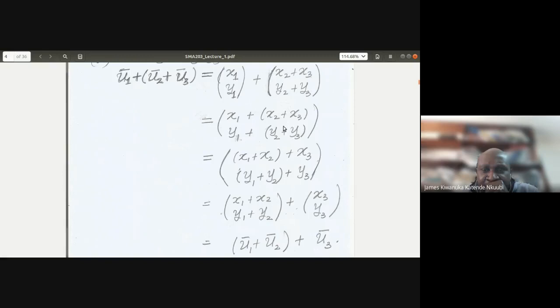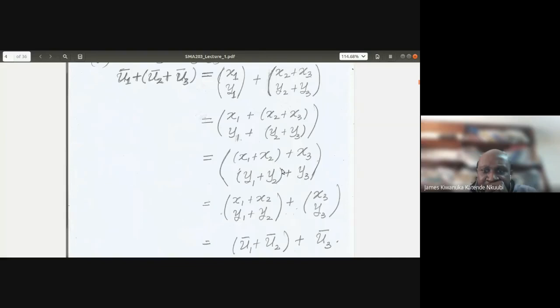But what we are adding here are just real numbers, so we can use the properties of real numbers, because we know that addition of real numbers is associative. So I can move the bracket from x2 and x3 to x1 and x2.